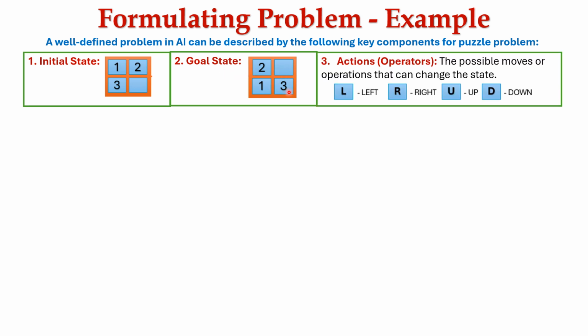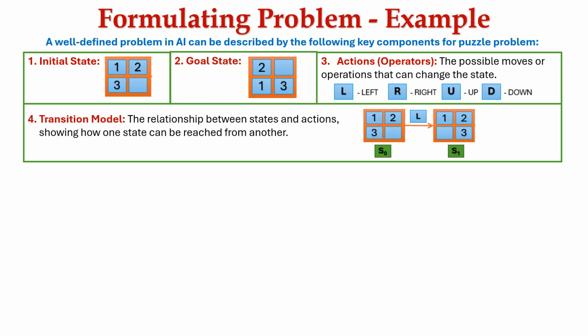The next component is actions or operations. Here, the possible moves or operations that can change the state are called actions or operators. The possible actions are moving left, moving right, moving upwards and moving downwards. The next component is transition model.